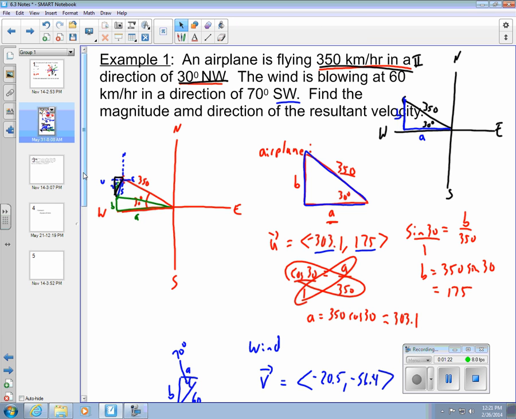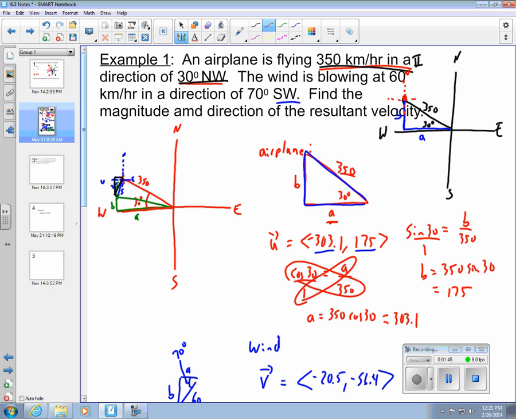All right, so now the second portion, you've got the wind impacting this. Right here at the end of the arrow, the resultant there at 350, to draw this out, the wind is blowing at 60 kilometers in a direction of 70 degrees southwest. So I'm going to think about this again.